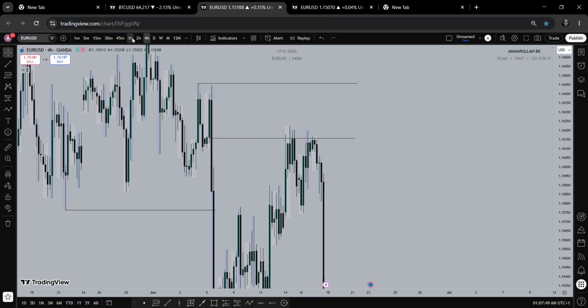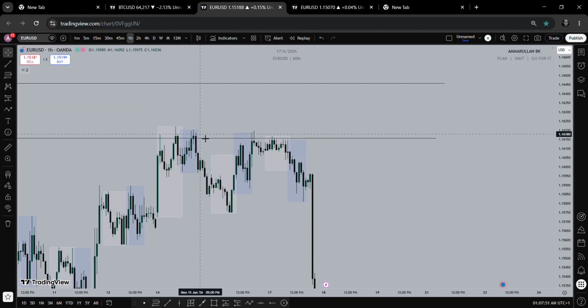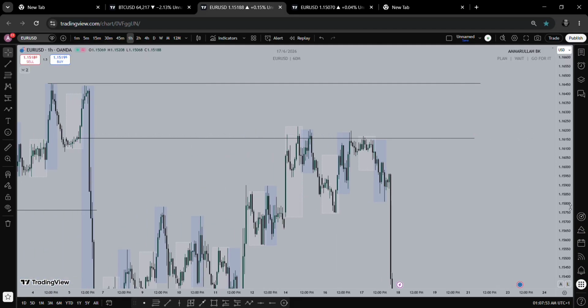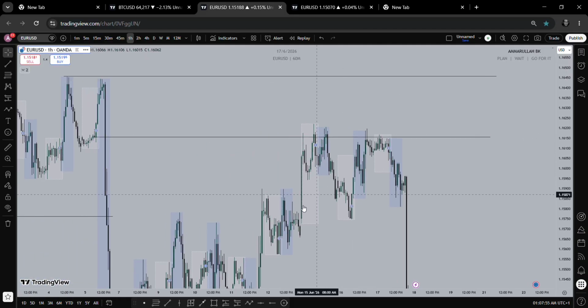Then on the lower time frame, the 1 hour time frame, that was where I took the trade. After the first rejection, the market came back again, but it failed to reach the first high that was created. That means the temporary uptrend is getting weaker.